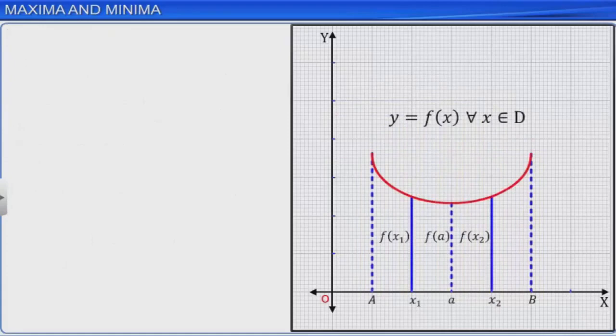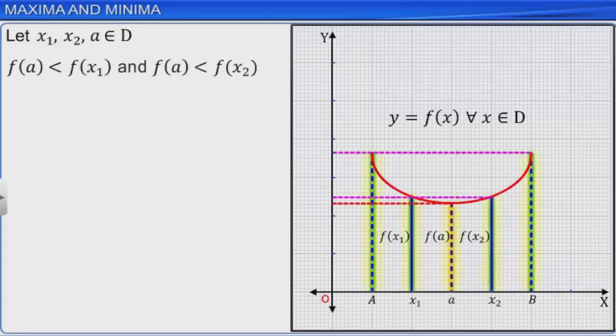Now take a look at this graph. What do you observe? Yes, you got it right. In this case, the value of the function f at point A is the least.